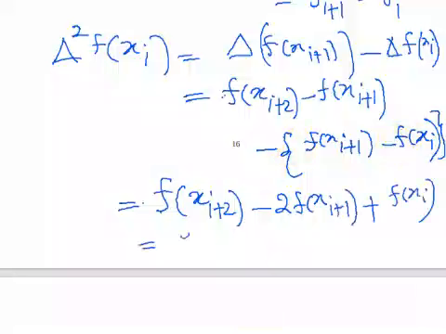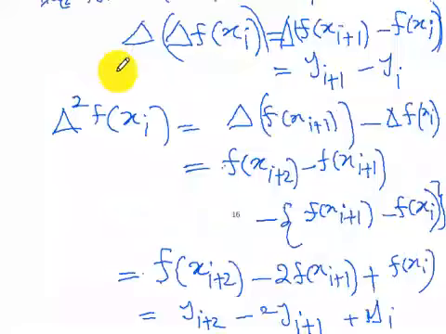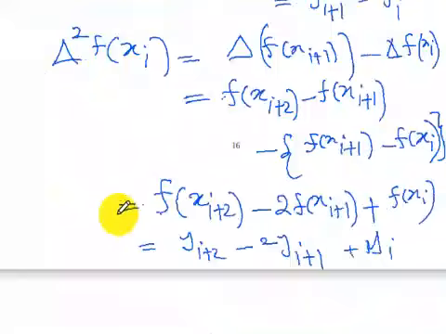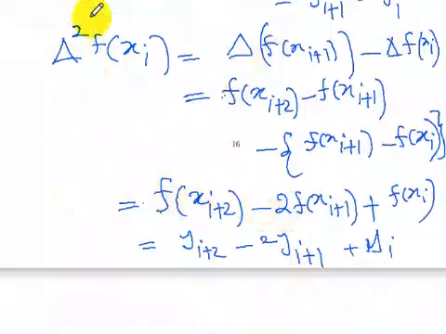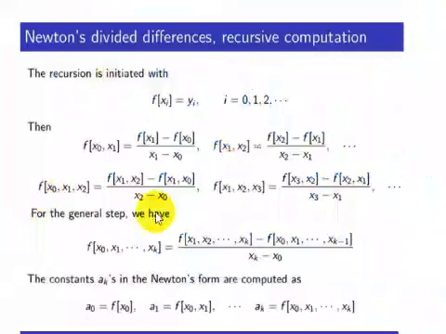This is your y sub i+2 minus 2 y sub i+1 plus y sub i. So this is the second order forward difference operator of f of x_i, right? I think let's get familiar with these notations.